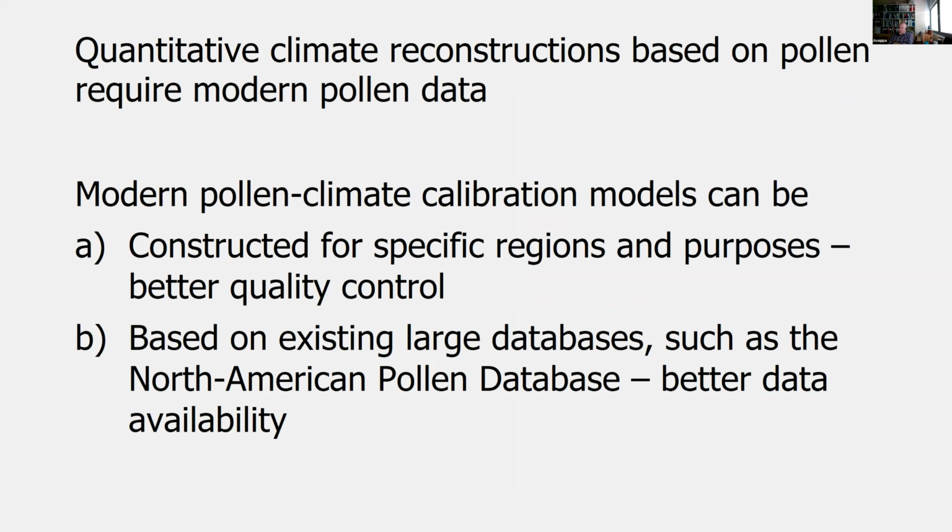Either we can make a locally constructed pollen-climate calibration model, and then we probably have better quality control. But if you want to increase the number of sites in the database, then you must use an existing database. For example, the North American pollen database or the European pollen databases can be used.